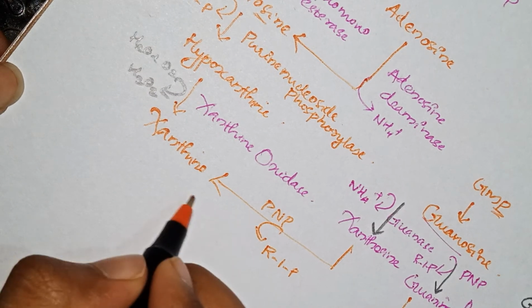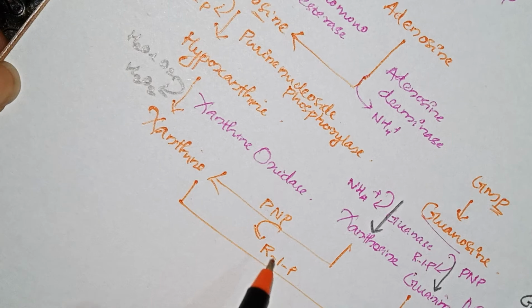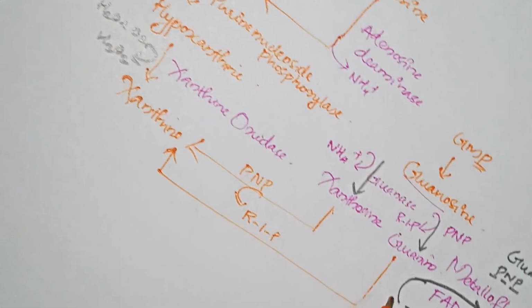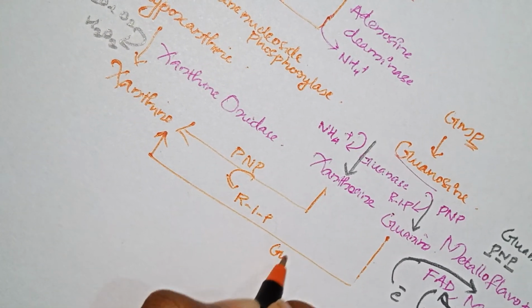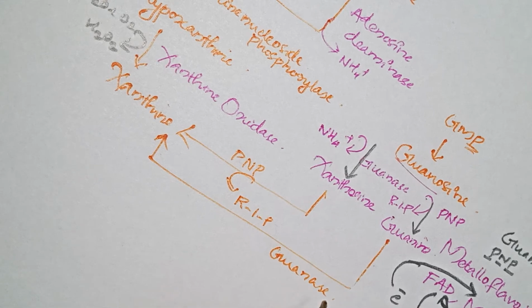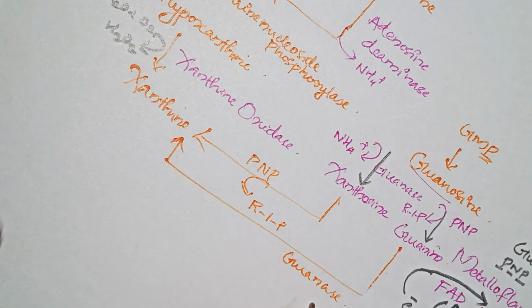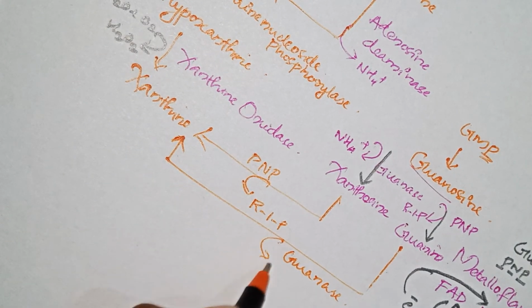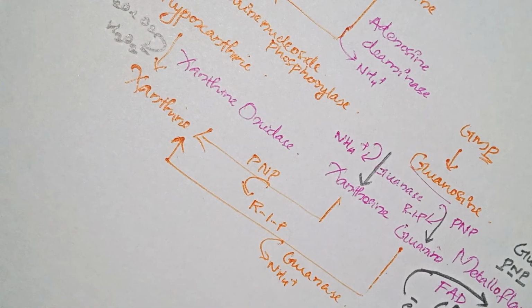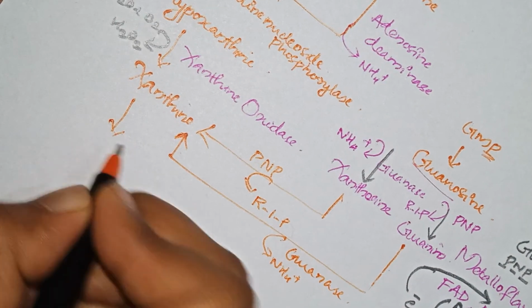Similarly, guanine can be converted to xanthine by guanase. Okay, this guanase will convert it into xanthine. Ammonia will be removed.